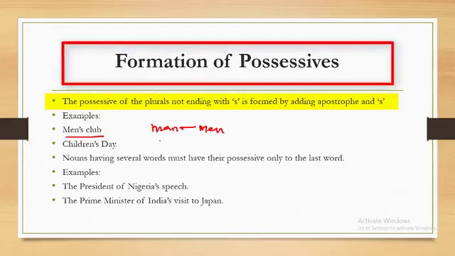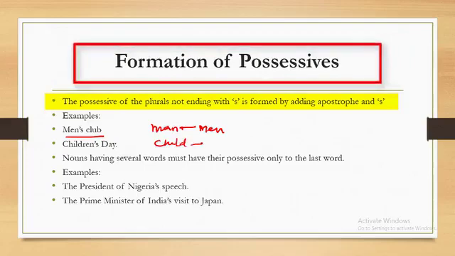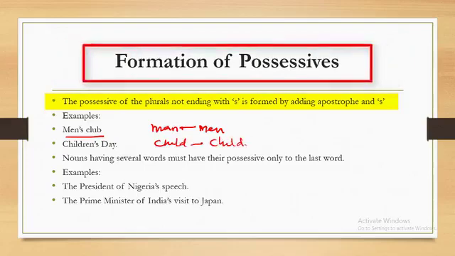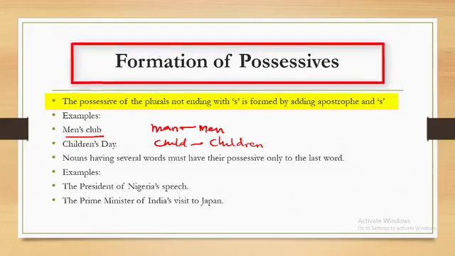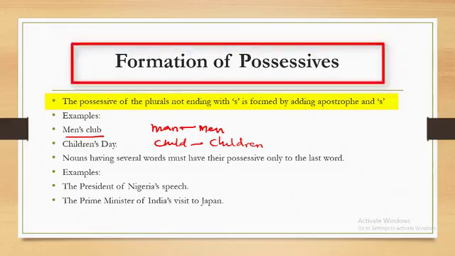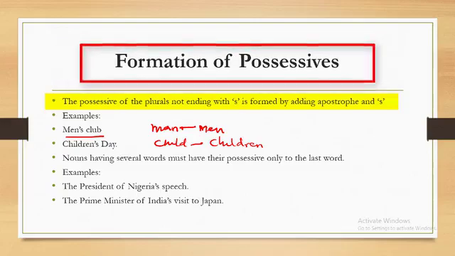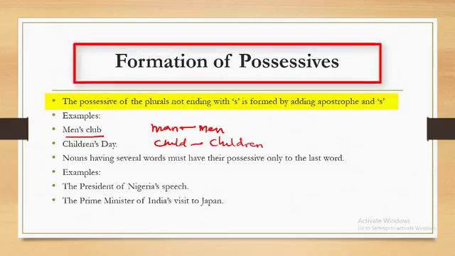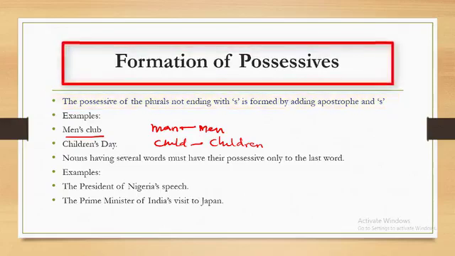So we have child, also singular number, and we have children, plural number. So when we have a day for children, we say it's the children's day. So when we have a plural number whose ending does not end with an S, we introduce the apostrophe with an S.